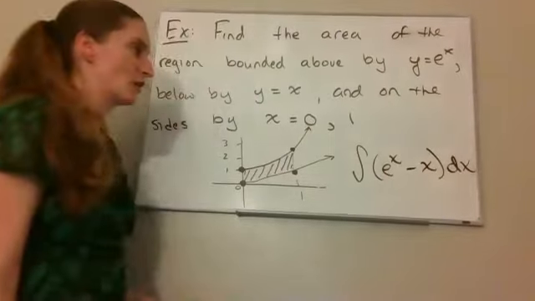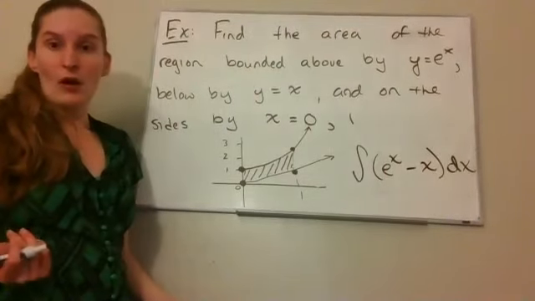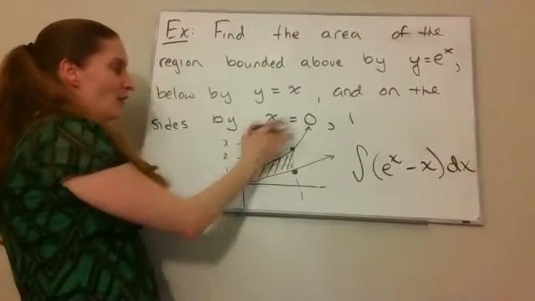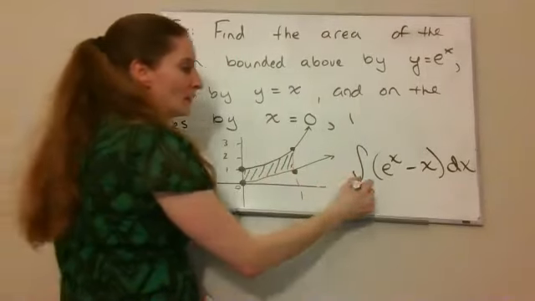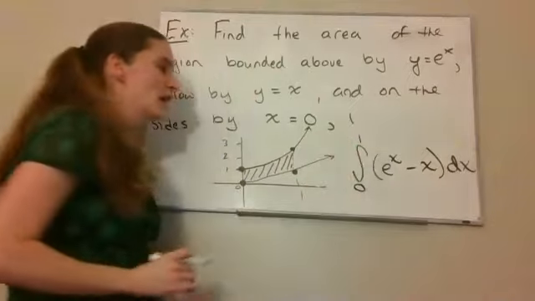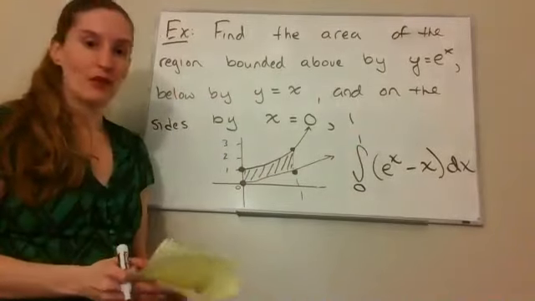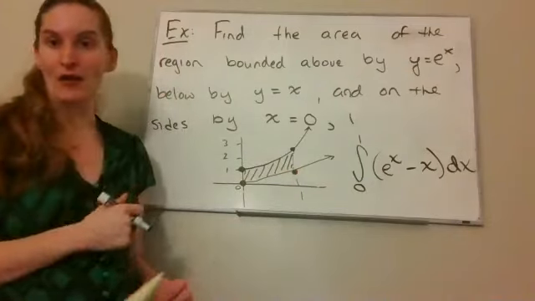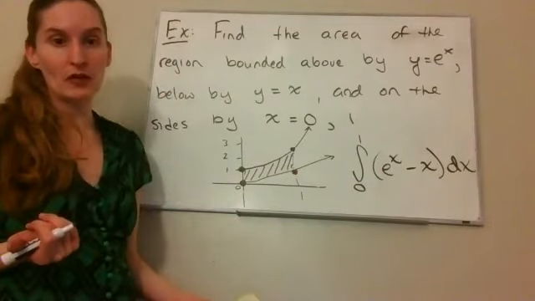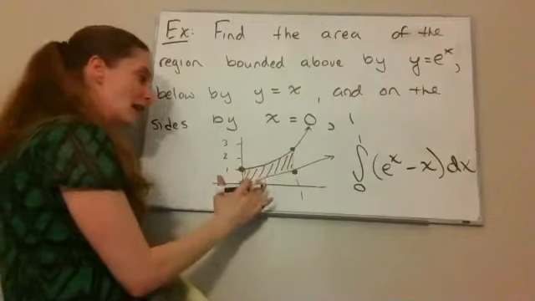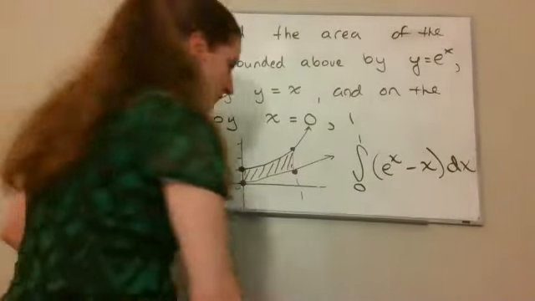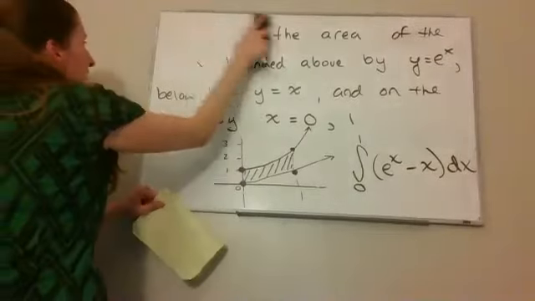We're integrating with respect to x. And now what are my bounds of integration? Well, they gave it to me, giving me where I'm bounded on the sides, 0 to 1. But in general, the bounds of integration are the smallest x value to the largest x value of the area that we're concerned about. So if I want to find the area between these two curves, I just have to do this definite integral.